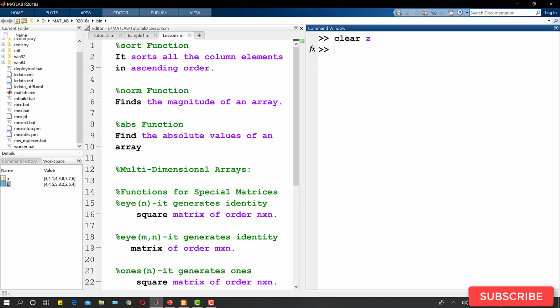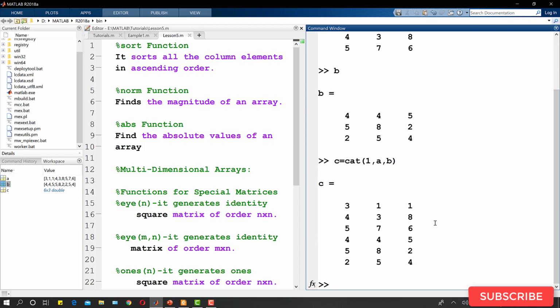There is another function to create a 3-dimensional array, and that function is called the cat function. So let me use this cat function. Let's suppose I have this A matrix and this B matrix, and I write C is equal to cat(1, A, B). What this command will do is place the B matrix below the A matrix and combine these two matrices into one matrix.